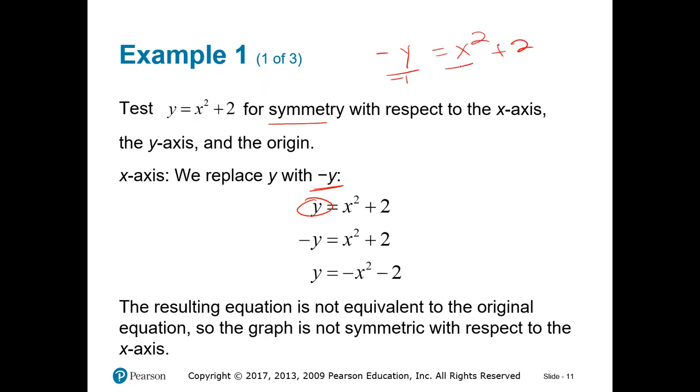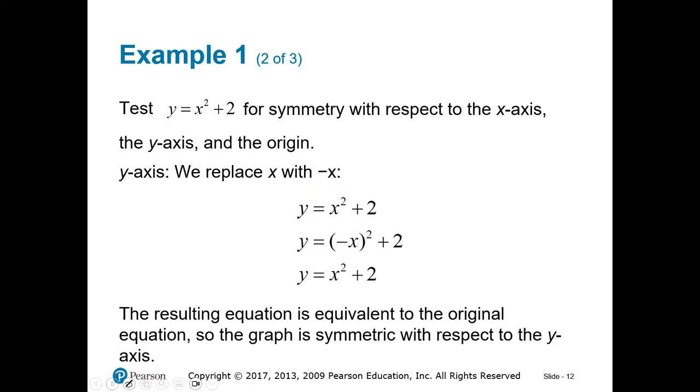We're going to divide by the -1 because we need y to be positive, and this negative value is going to change everything over here. So now we have our resulting equation that's not equivalent to the original equation. So when we do this and it's not equivalent to this, then it's not symmetric. But if it comes back to be equivalent, then we have a symmetric equation.